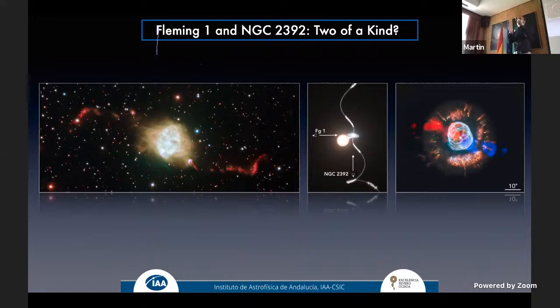So it may happen at the very end of the AGB phase, what's called a final thermal pulse, and then the PN is ejected during this final thermal pulse. It may happen while the star is on this horizontal track, and this is called a late thermal pulse. And it may happen when the star has already begun to cool down on the cooling track. And this is a very late thermal pulse.